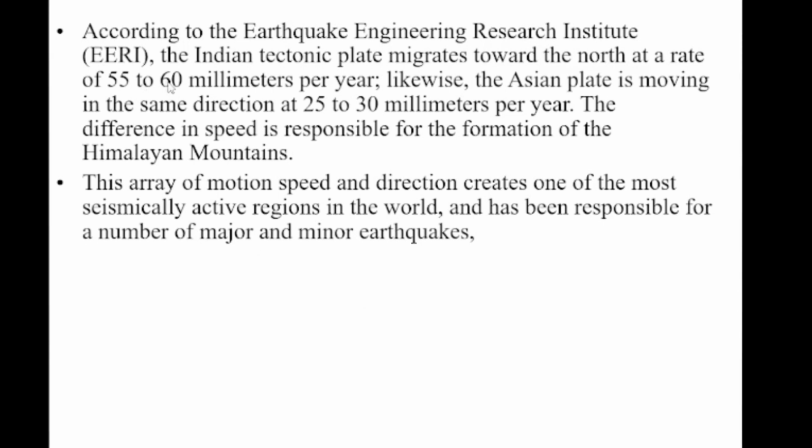This was the actual speed of the plate from south to north. Likewise, the Asian plate is moving in the same direction at 25 to 30 millimeters per year. This was the Asian plate moving toward the Indian plate at that particular speed.